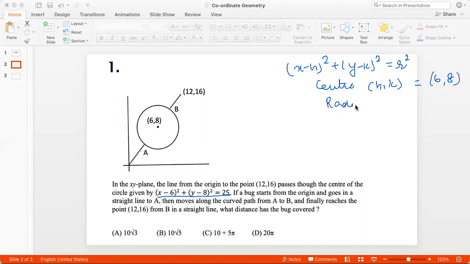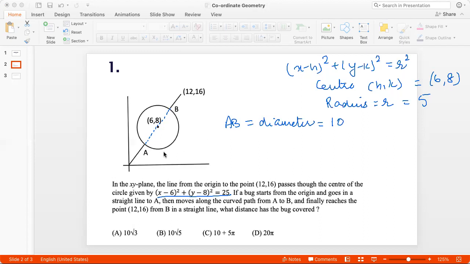And the radius is r, which would be 5, since the right-hand side is r squared, 25. Now, they're saying that if this was a straight line, it would have passed through the center of the circle, which means that AB would be the diameter of the circle, and that would be 10.